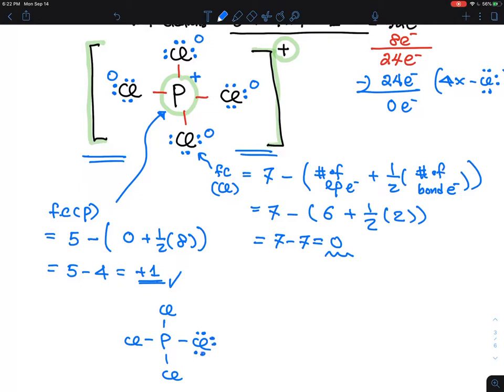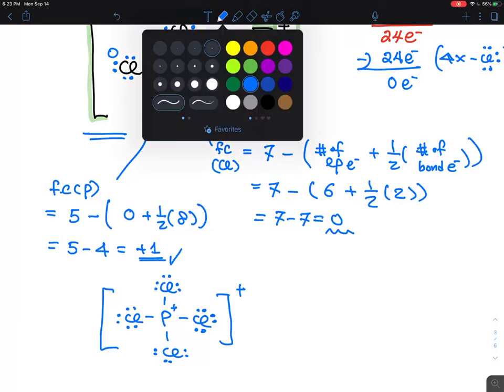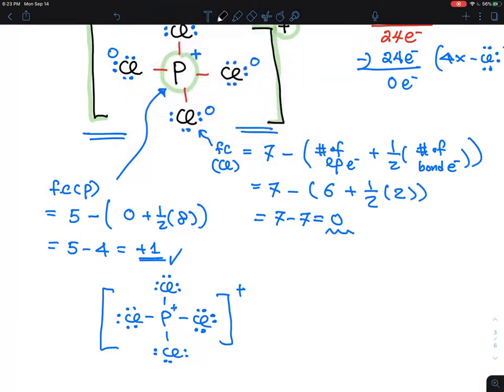So here's an example. You are perfectly fine to consider that as a possibility, and I encourage you to consider it. So my possibility is, why don't I have these two form a double bond? And then let's see what happens.